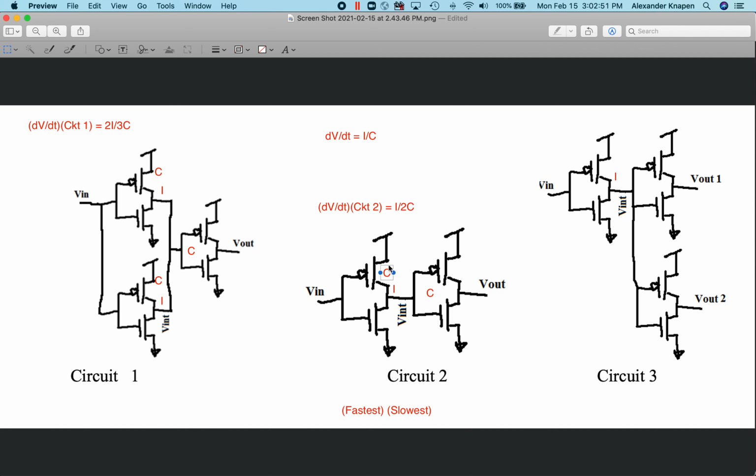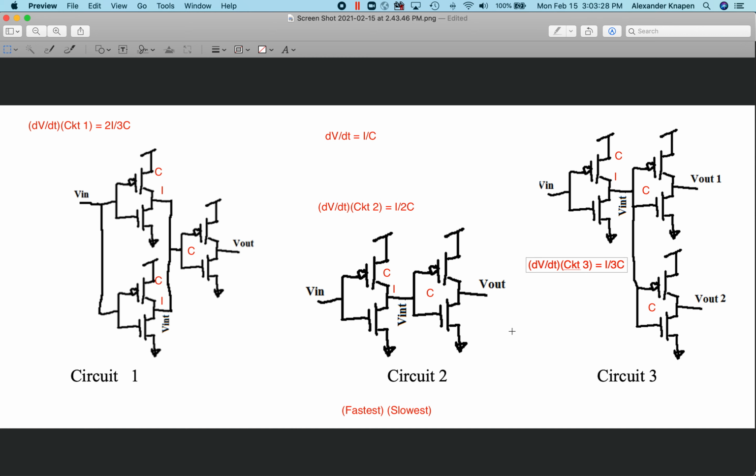We have to take into account the output capacitance of that first inverter, which is C. And then we have two inverters at the other end of the node, each with an input capacitance of C. So we've developed the total current and total capacitance for that node, and that gives us all the information we need to determine that dV/dt for circuit 3 is, you have 1I going into the circuit and 3C capacitance on the node, so you get I over 3C.